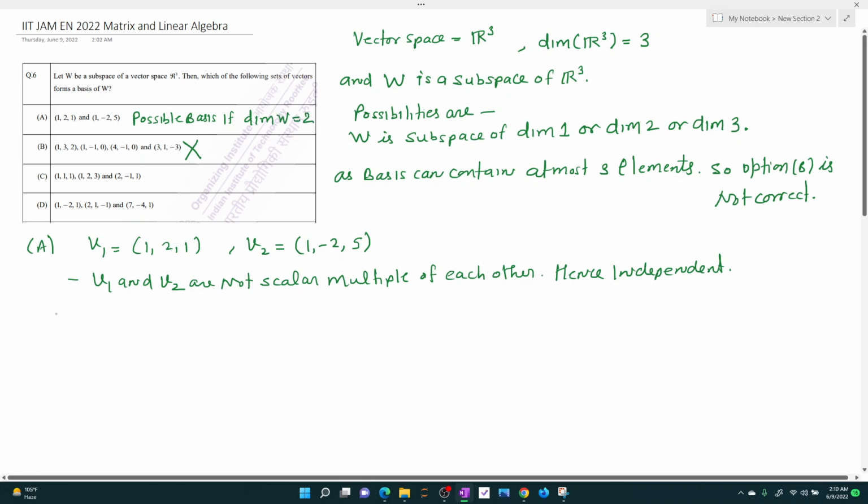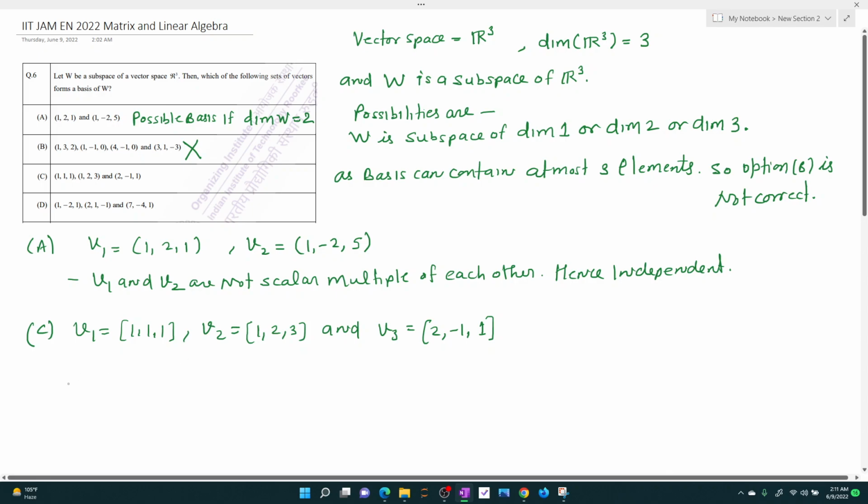Similarly, we will check option C, right? So here we have three vectors: v1 which is 1 1 1, v2 which is 1 2 3, right? And v3 which is 2 minus 1 1. To check whether they're linearly independent or dependent, the best way for me is to find the determinant, right?